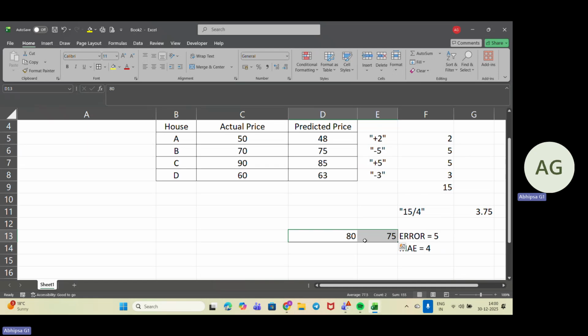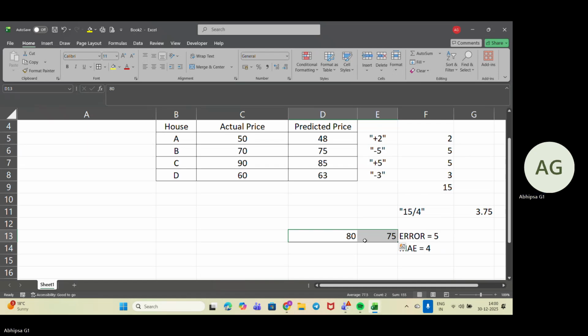If the value of MAE equals 0, that means there is no mistake at all. My model is running absolutely fine.